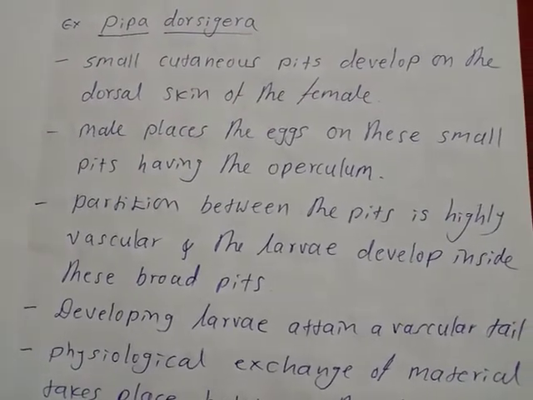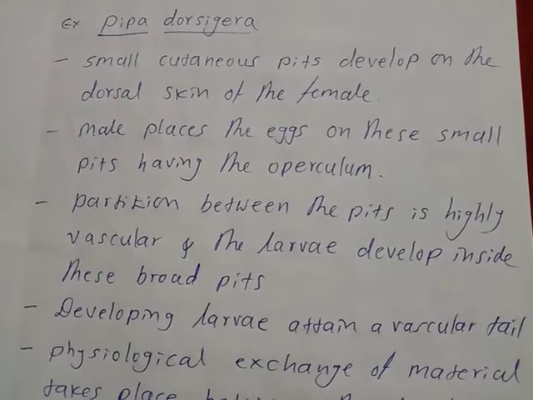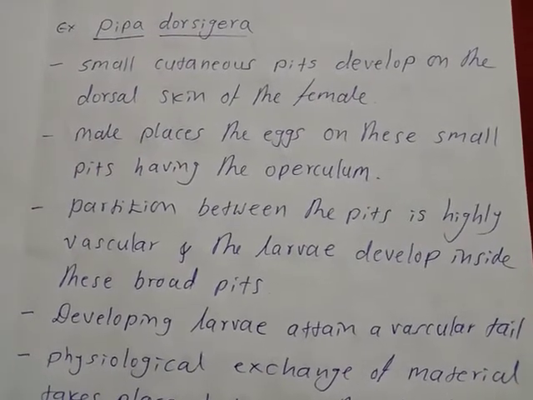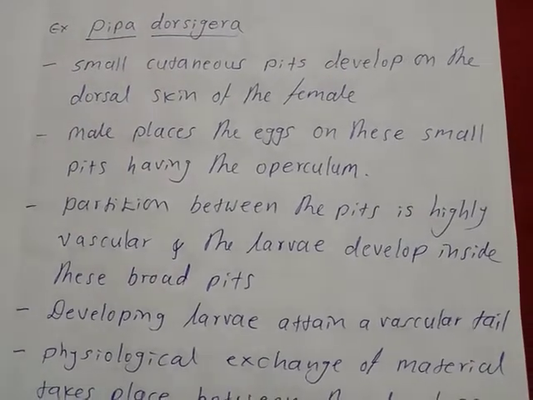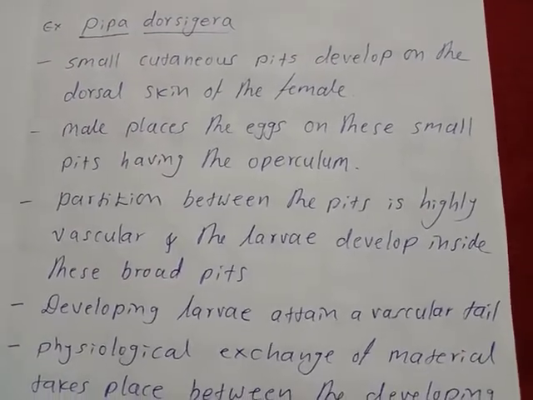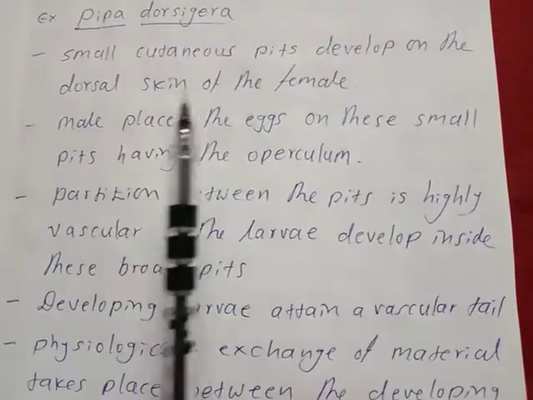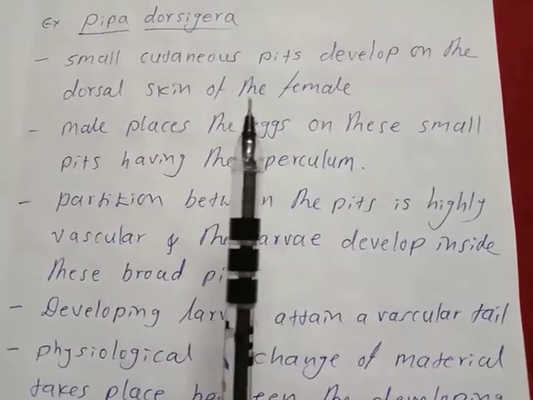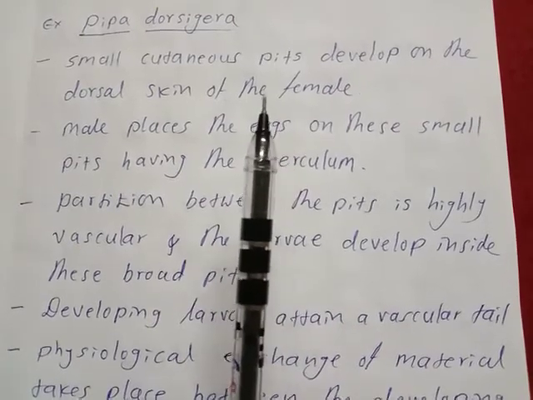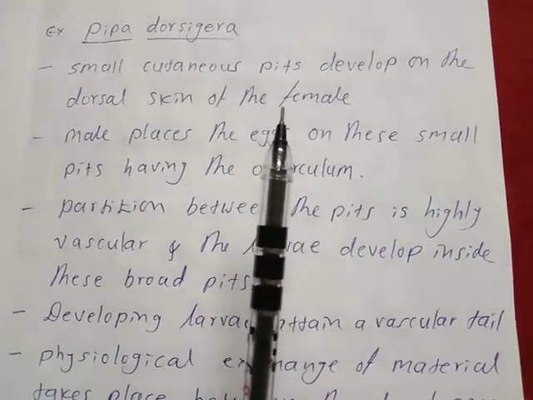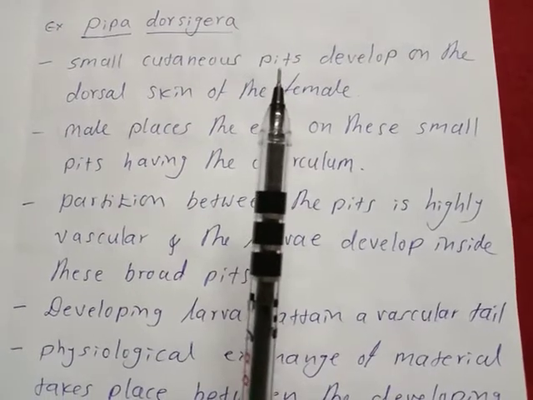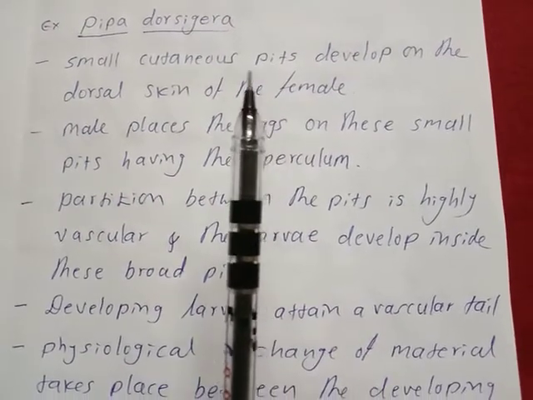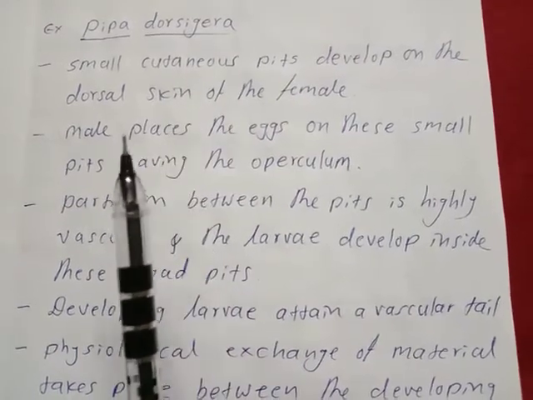Now the second example in cell like pouches is Pipa dorsifera. In this frog, small cutaneous pits develop on the dorsal skin of the female. That means on the back of the female there is development of small pits in the skin.